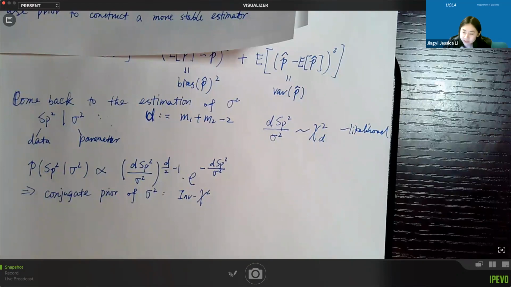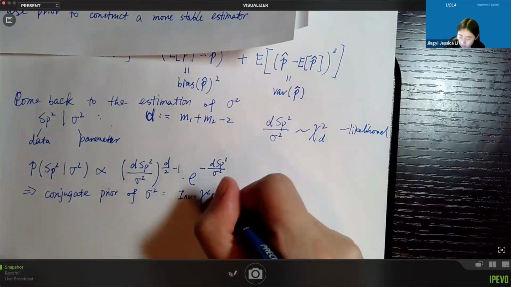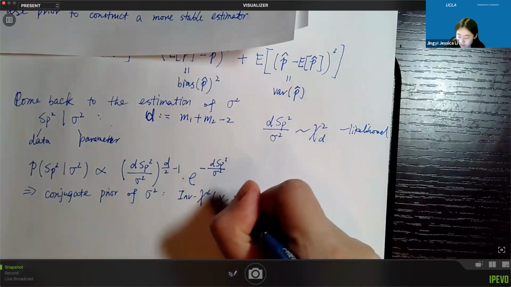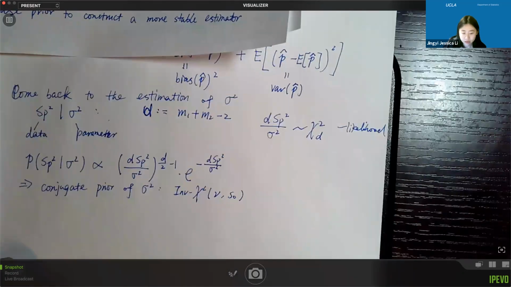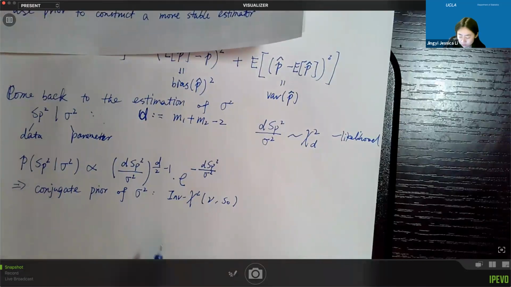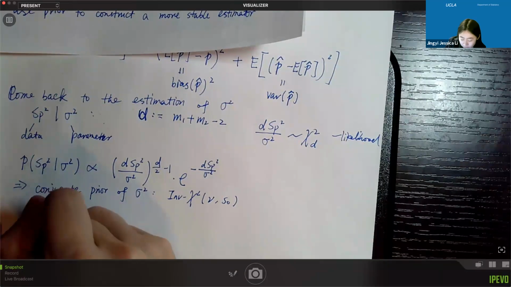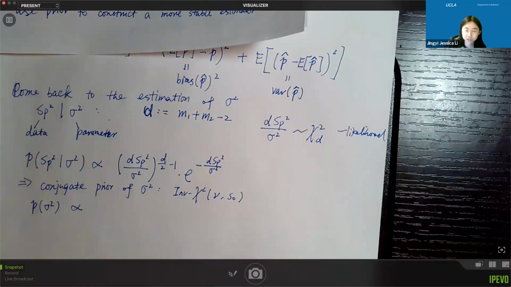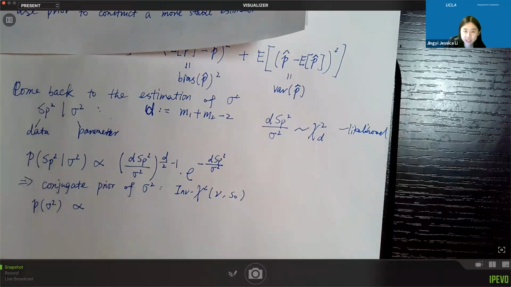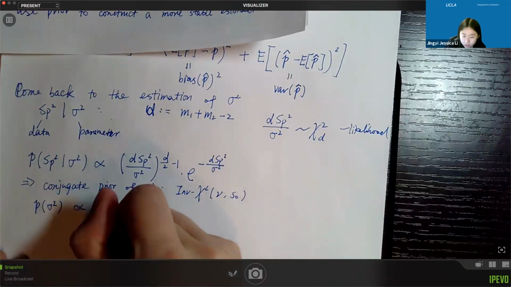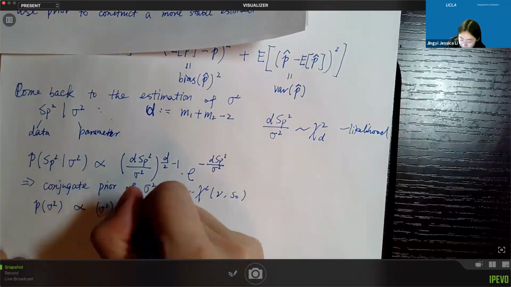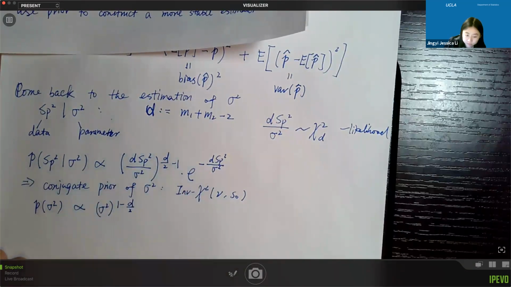And this inverse gamma distribution takes two parameters. Here we just denote them as nu and S0. Okay, so in detail, if we assume this conjugate prior, the prior density would be proportional to, here we are just trying to be simple, we ignore all the constants that do not involve the parameter.